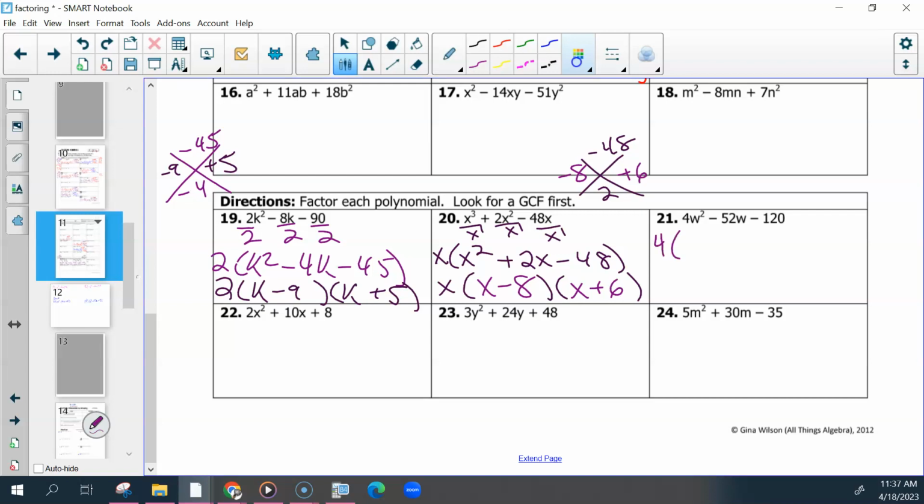So if we divided each by 4, what's left? Go ahead, Lily. Then we're looking for two factors that multiply to be negative 30, but add to be negative 13.